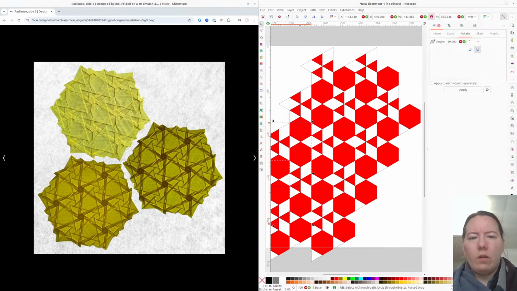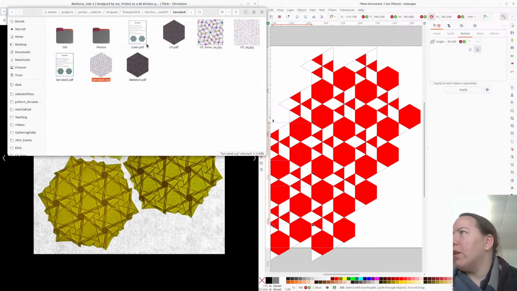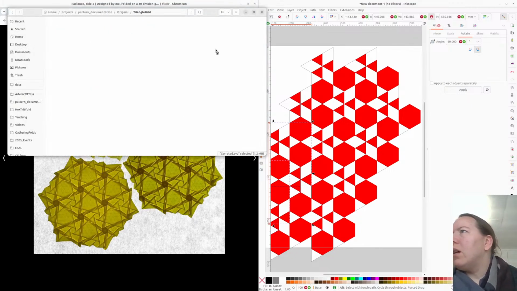This is a tiling that I have started playing with. I think I call it false star.